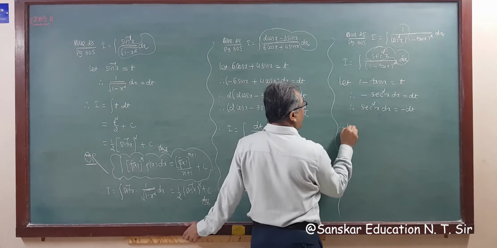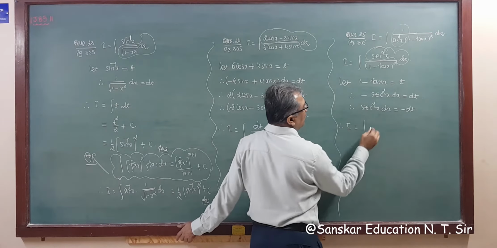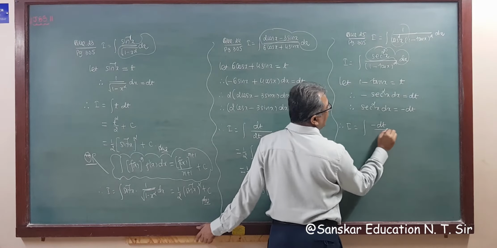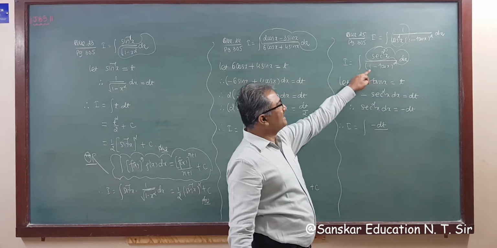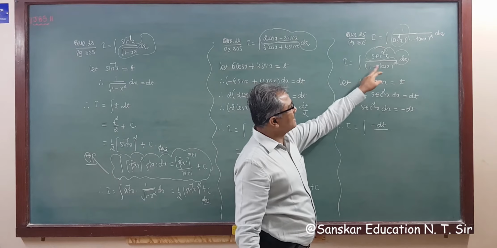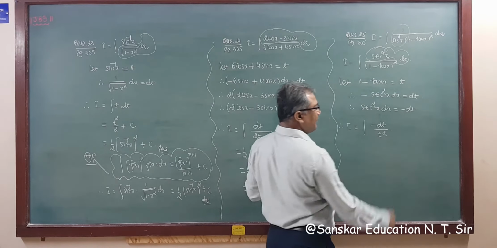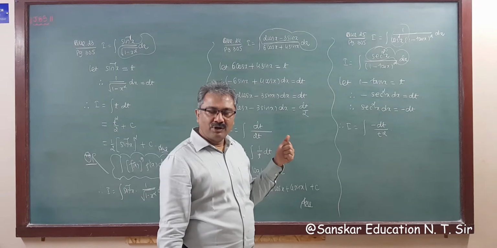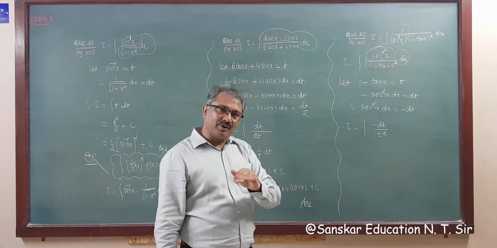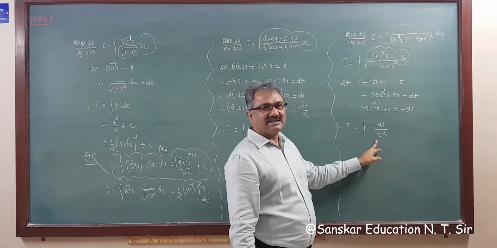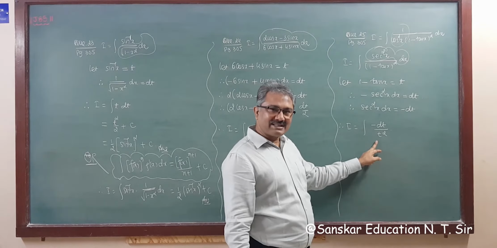So I is equal to integration of minus dt upon t square, since 1 minus tan x is t. Now you know derivative of 1 upon x is minus 1 upon x square. So integration of minus 1 upon x square is 1 upon x, right?